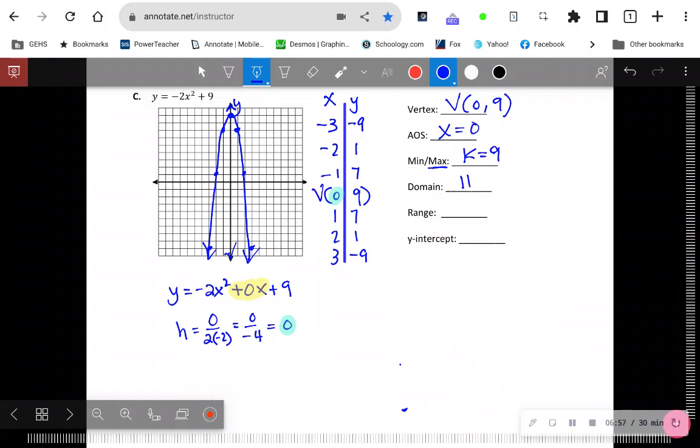The domain is standard for all parabolas, and the range is the y values that are below 9 or equal to 9. And the last thing is the y-intercept. That's also 9. So we go 0, 9 is that point right up there where it hits the y-axis. It also happens to be the vertex.